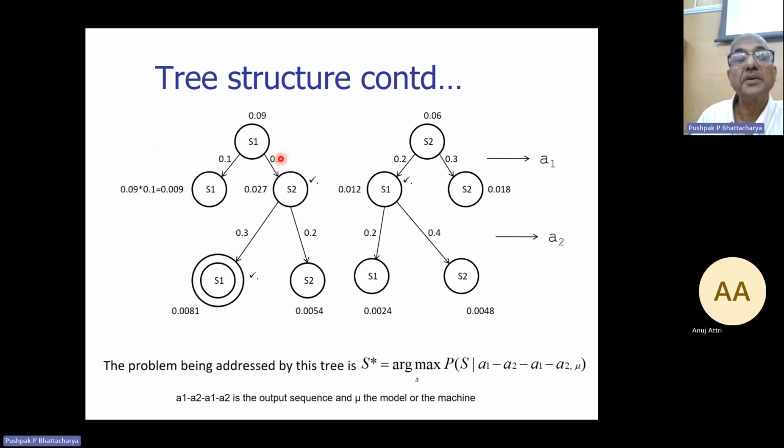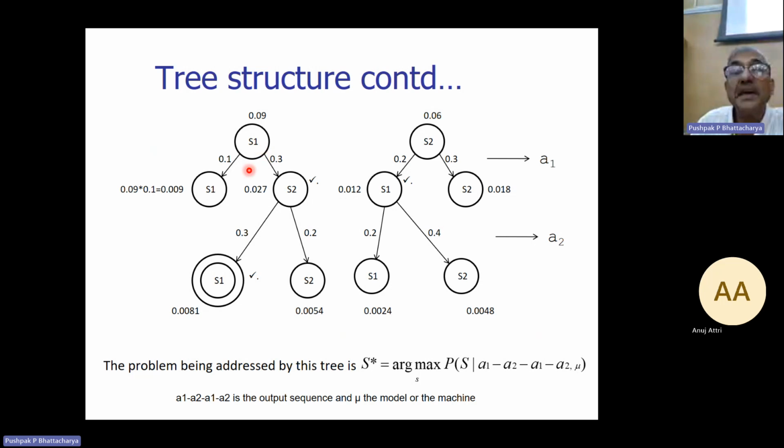And here 0.09 into 0.3, which is 0.027. Here, the accumulated probability is 0.06 into 0.2, 0.012. And here 0.018. Now, there are again two paths ending in S1 and two paths ending in S2.